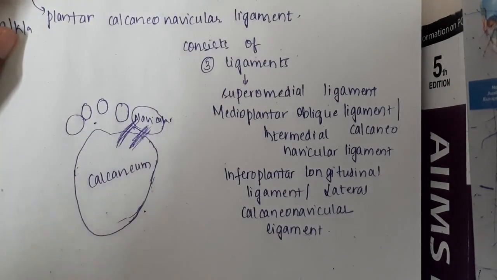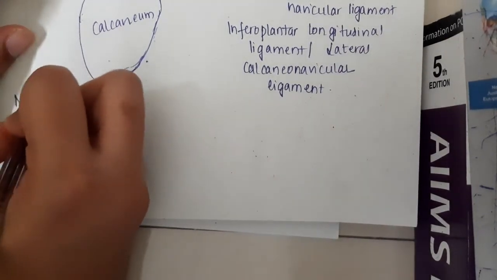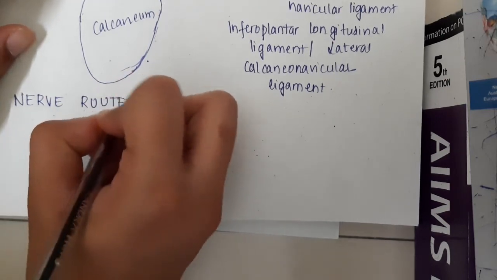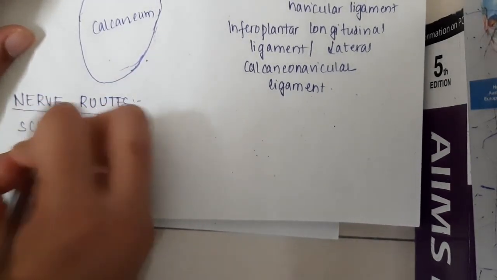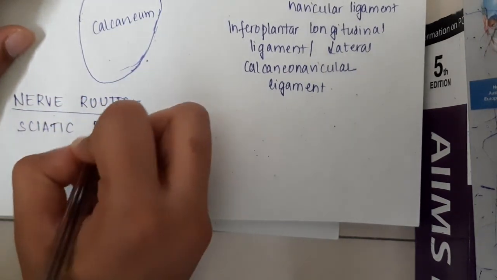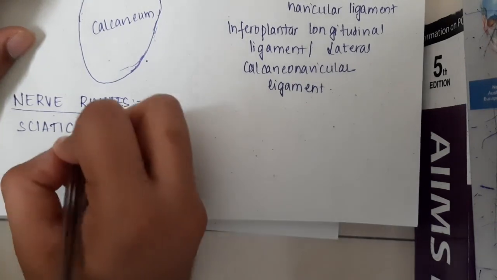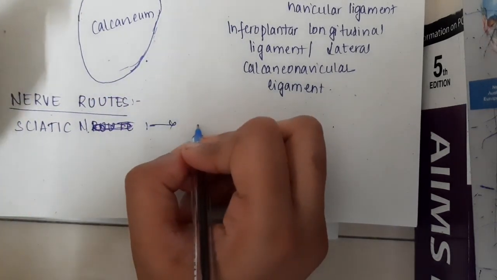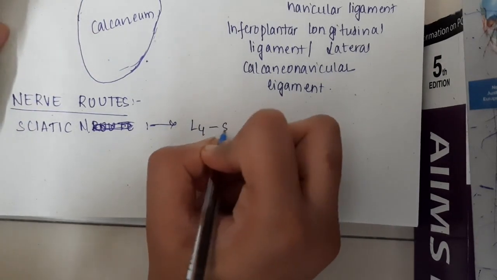The next important question is about nerve roots. The sciatic nerve root has been asked many times. The sciatic nerve originates from nerve roots L4 to S3.